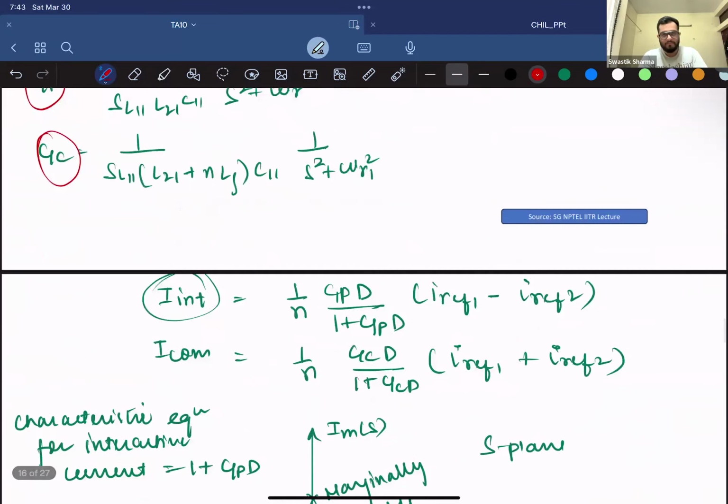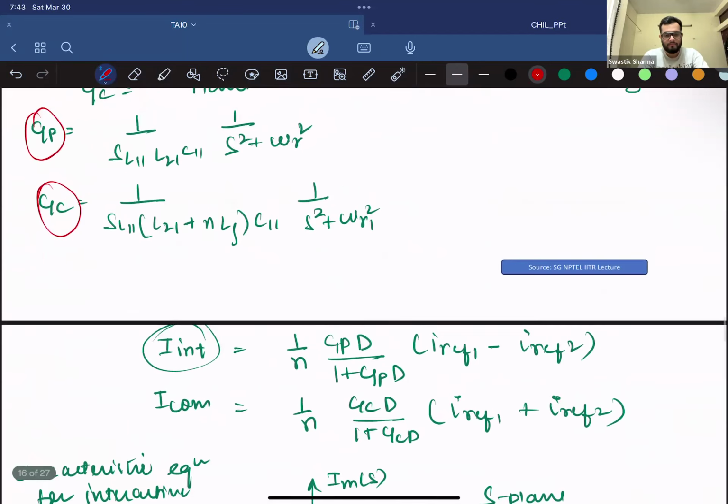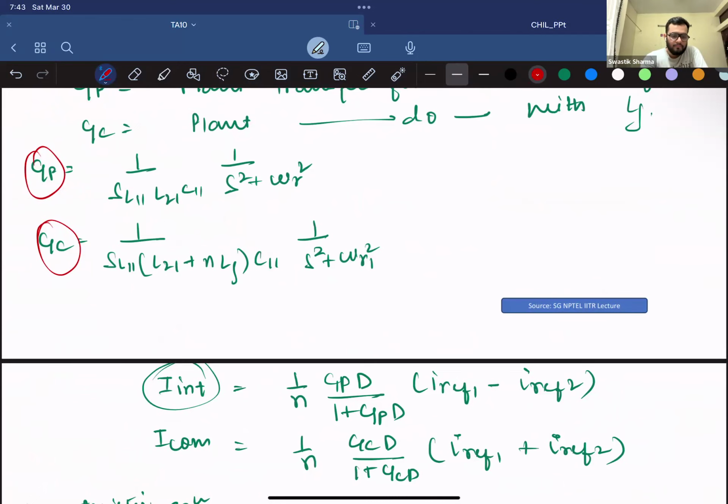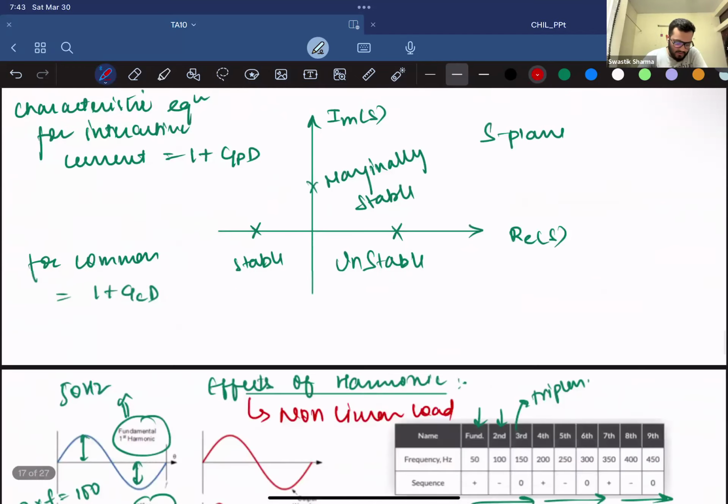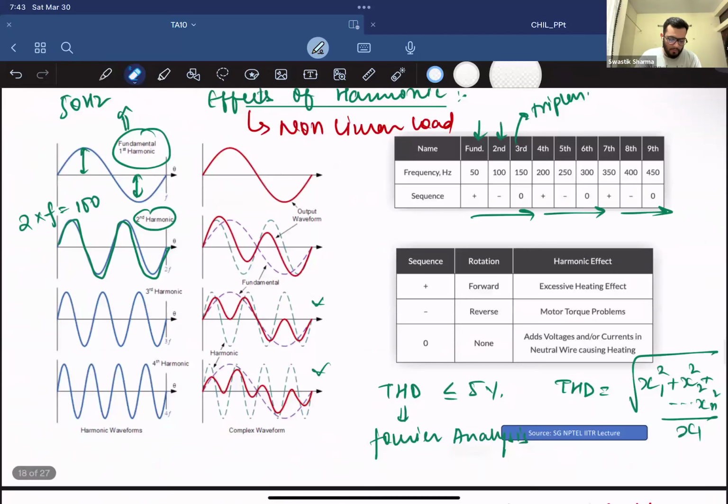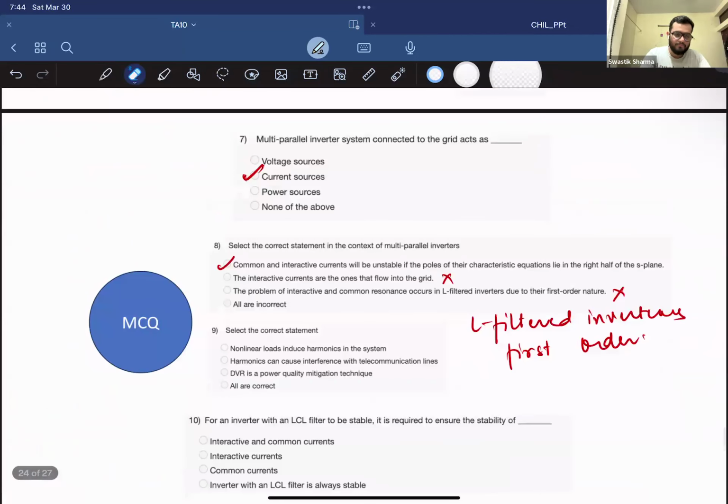Can you tell me? If I have a first order filter, what would happen to the poles of the system? What is a first order system? Can anyone tell me?